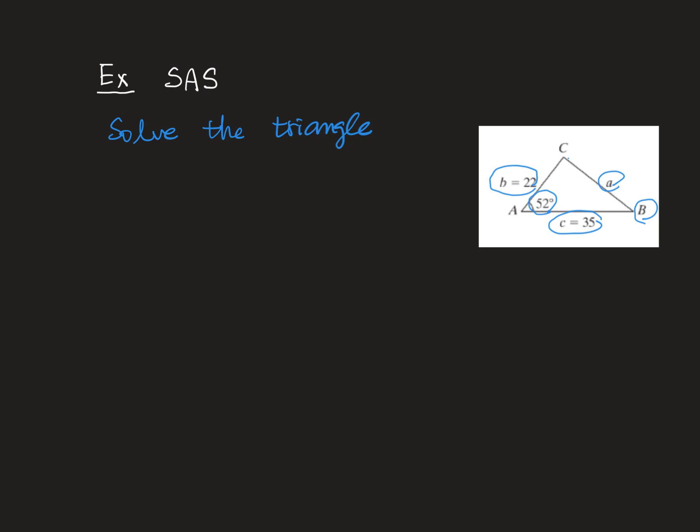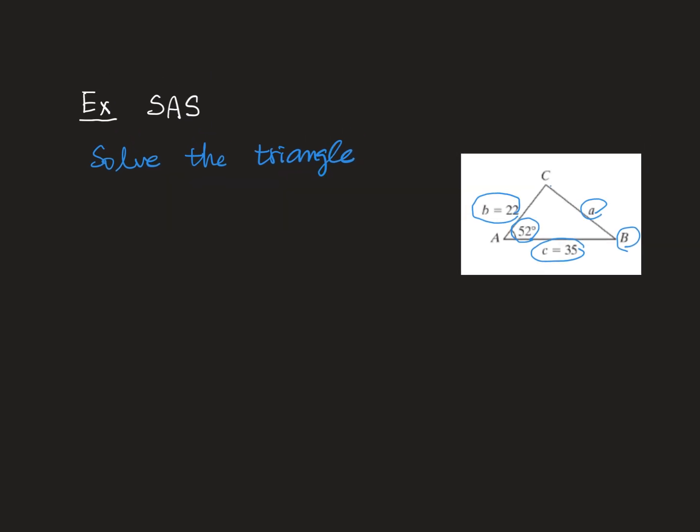So we have to find angle B, angle C, and side A. That's not really a pair. For angle B, we know the side. For angle C, we know the side. But for A, we have to find it, though we know the angle.